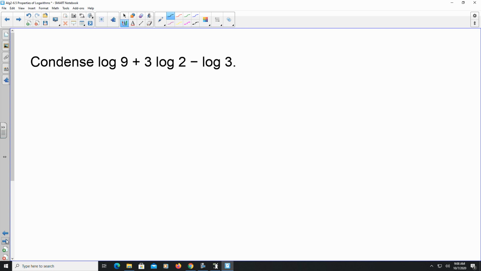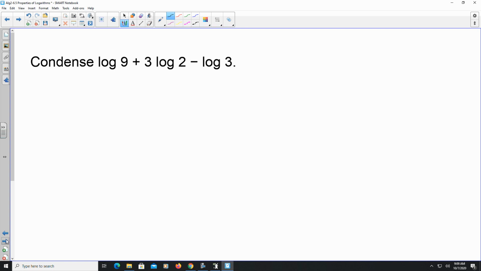Here they want us to condense it. That means we have to look at all of the different properties in reverse. So now it's log of 9 plus 3 log of 2 minus log of 3.